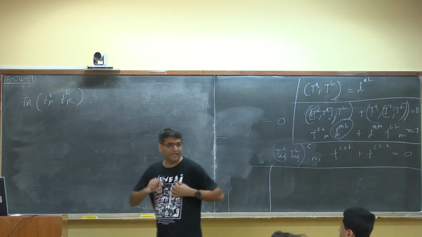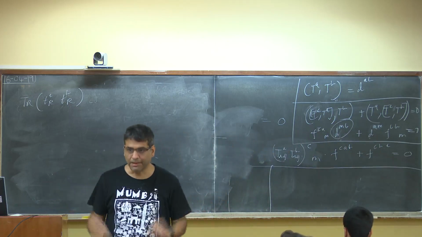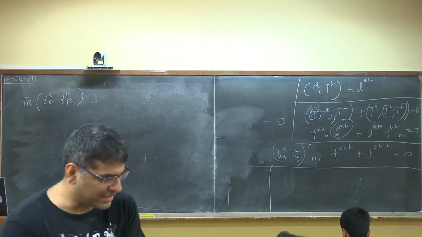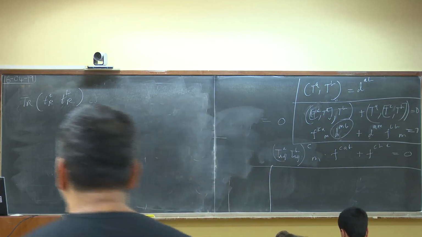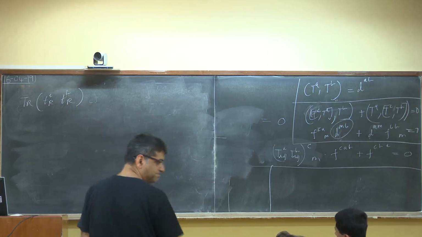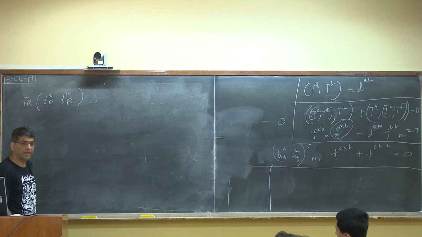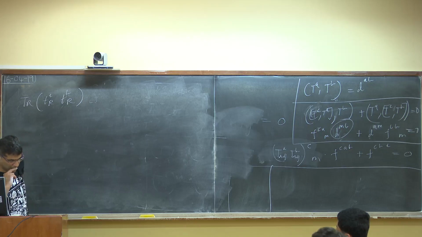We've chosen a particular representation R, and we're looking at the representation matrices in that representation. We're taking the trace of that, and we want to know what we can say about this. Once again, this quantity here is invariant under group action.